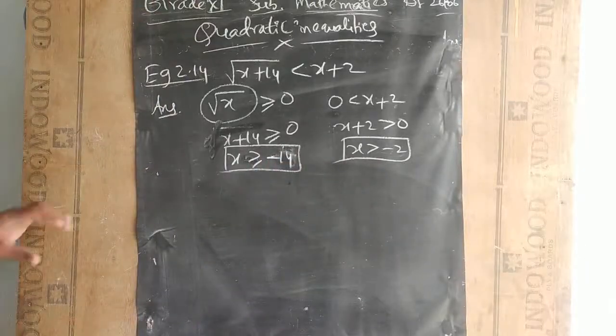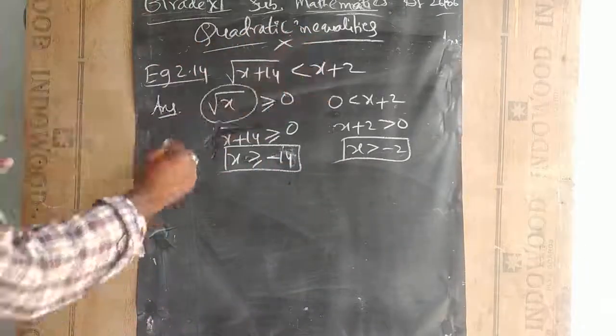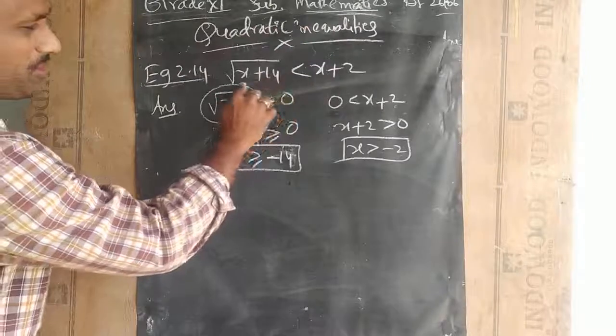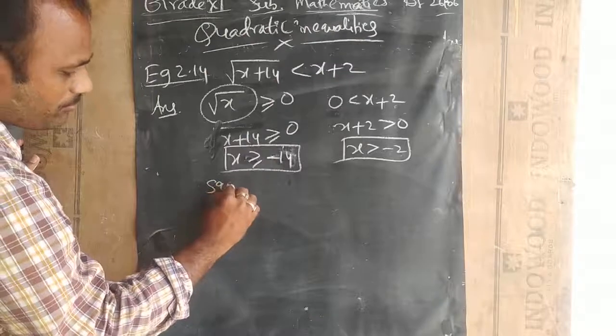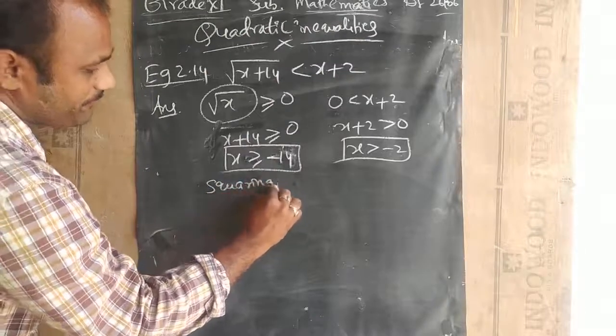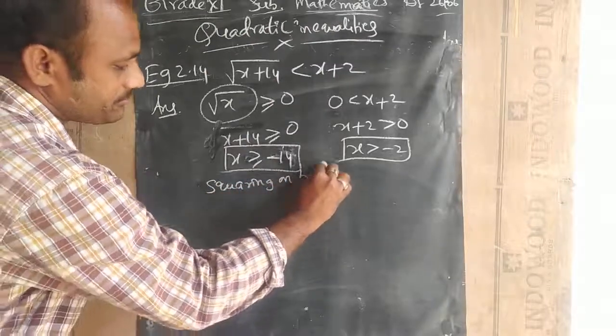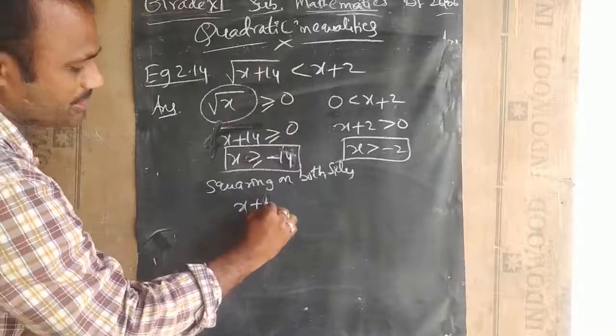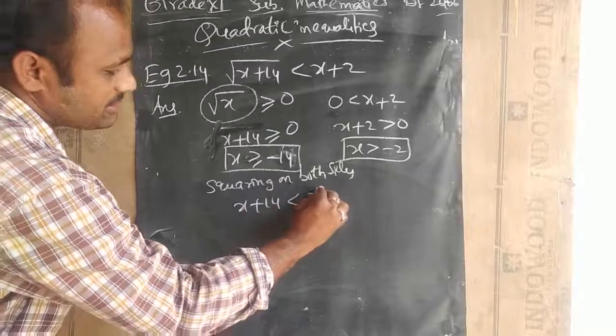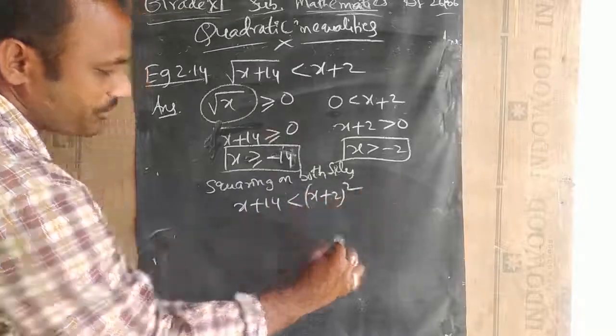Now, to solve this given inequality, first let us do squaring on both sides. If I do squaring on both sides, x plus 14 is less than x plus 2 whole square.